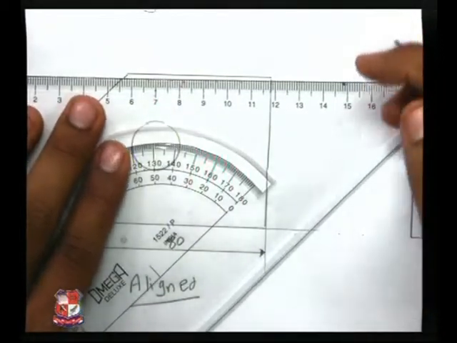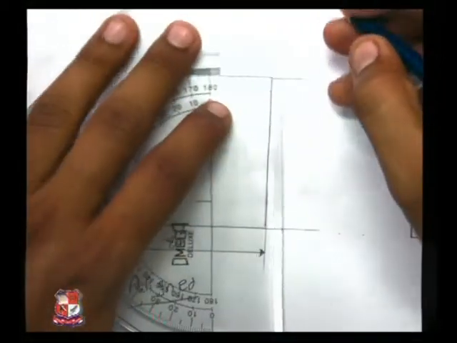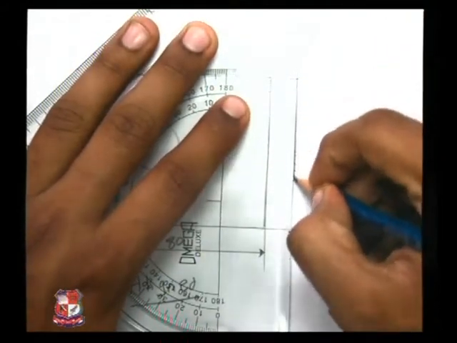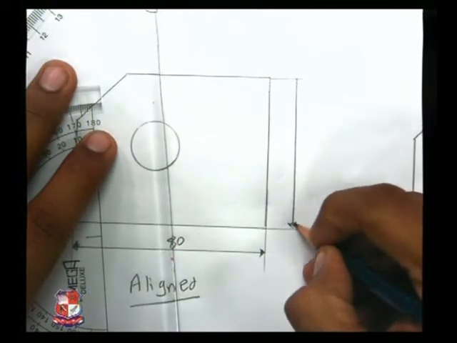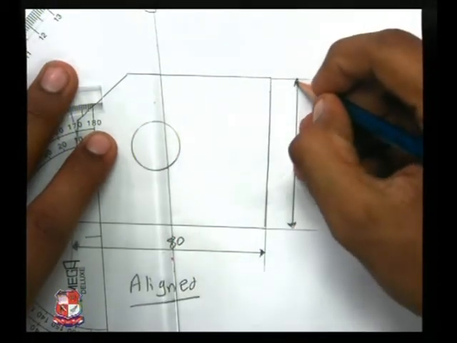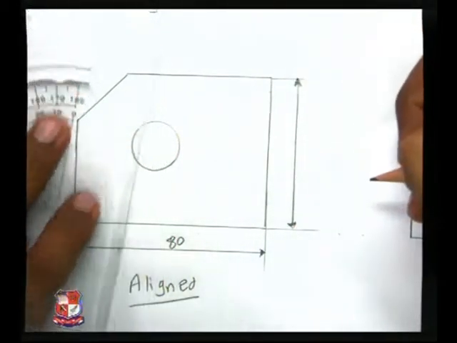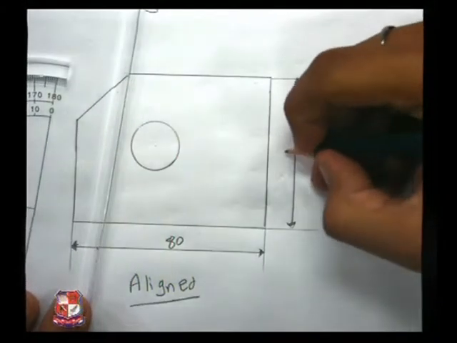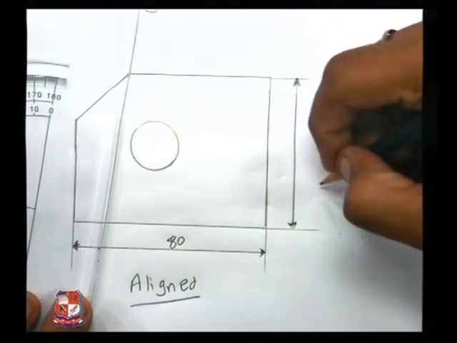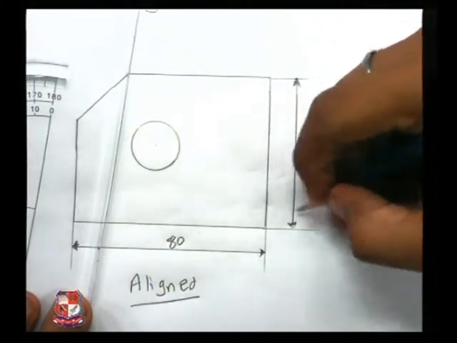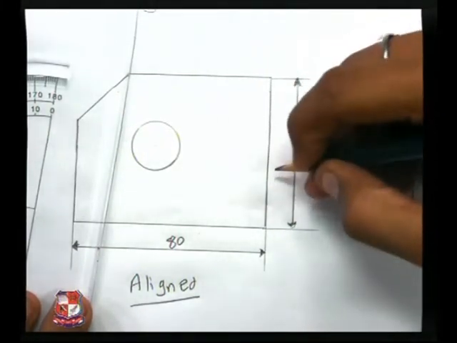Now vertical dimension. Extension lines, dimension line, closed filled arrows on both the sides, dimension in the middle, in parallel to this vertical line.